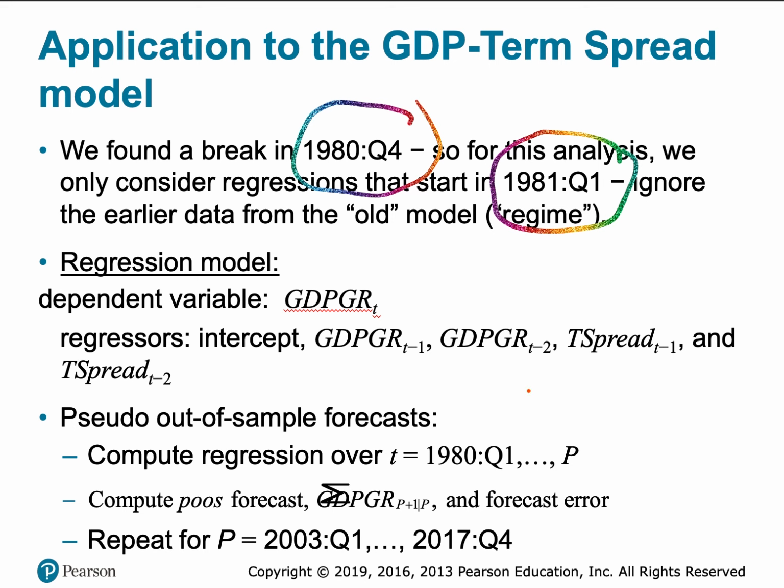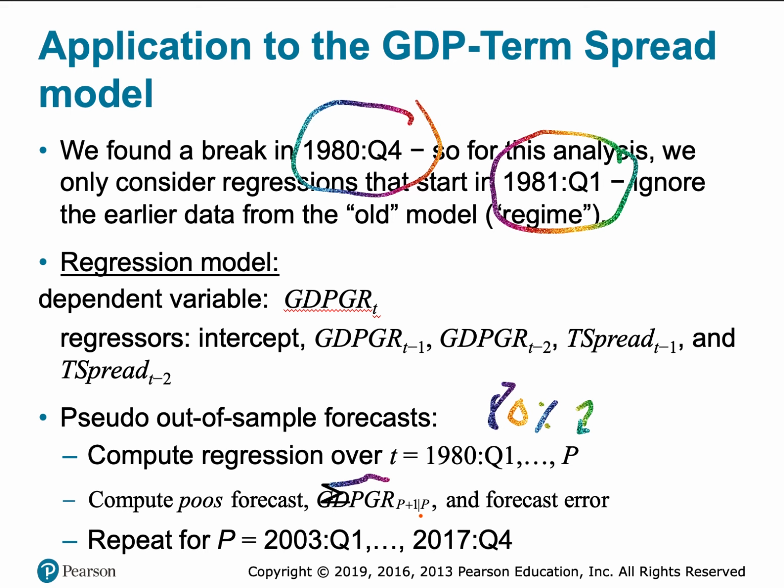You might use 80% of your sample for the in-sample model, and that might help you identify what your P is. Computing your pseudo out-of-sample forecast, you will get a forecast of the GDP growth rate at P plus 1, given P.